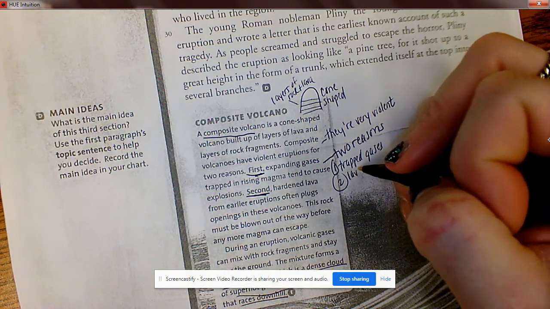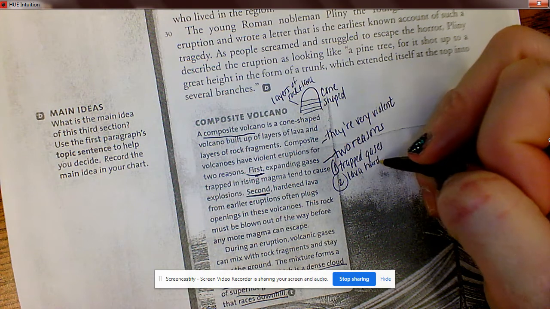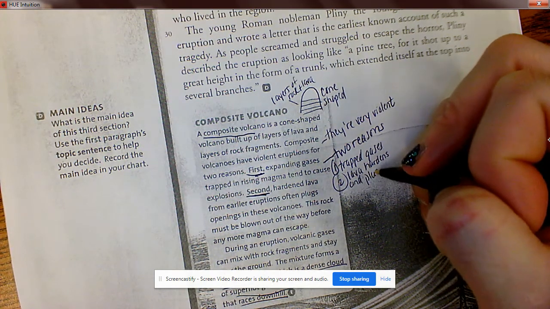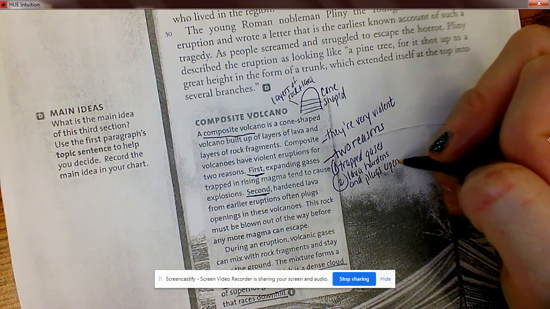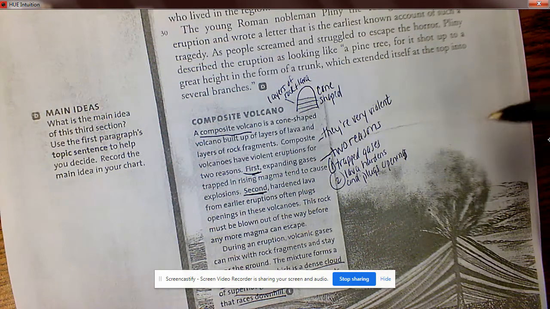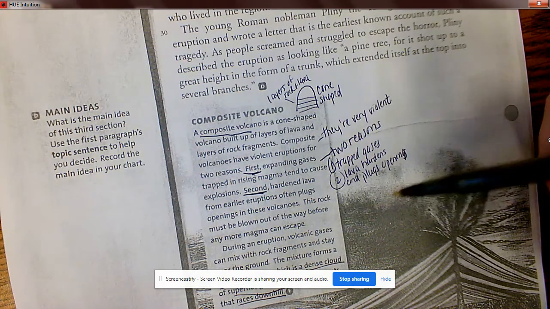So lava hardens and plugs openings. I'm rephrasing. I'm putting it in my own words so I remember it. This rock must be blown out of the way before any more magma can escape.